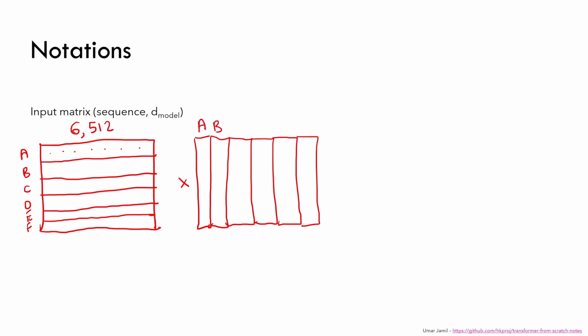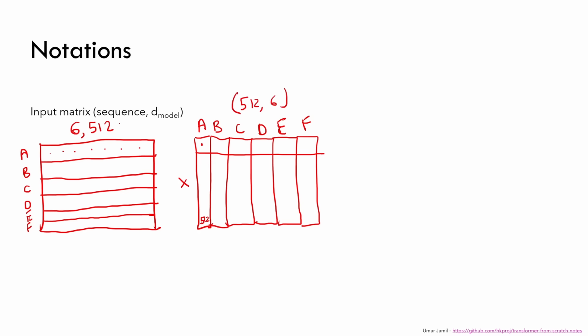This word will be here, B, C, D, E and F, and then we have 512 numbers along each column, because before we had them on the rows, now they will become the columns. So here we have the 512th number, etc. This is a matrix that is 512 by 6.